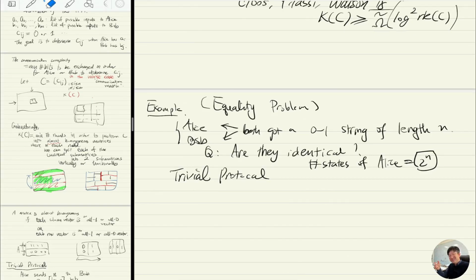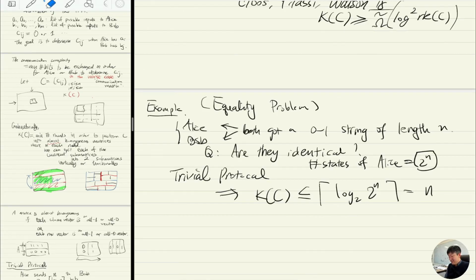Previously n was the number of possible inputs for Alice, but now the number of possible inputs for Alice is 2 to the n. So the trivial protocol implies that kappa is at most log 2 of 2 to the n, which is n. That means by sending n bits, you can determine the answer: if Alice sends all the inputs, then Bob will know the answer.